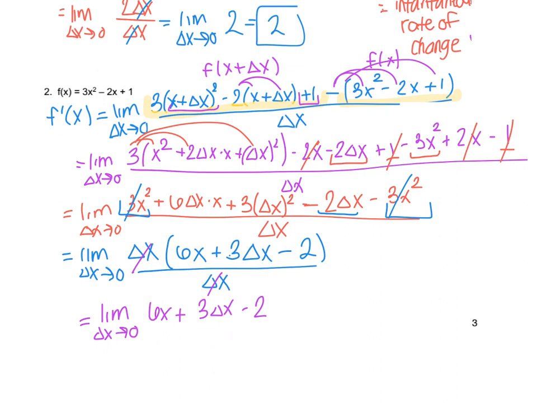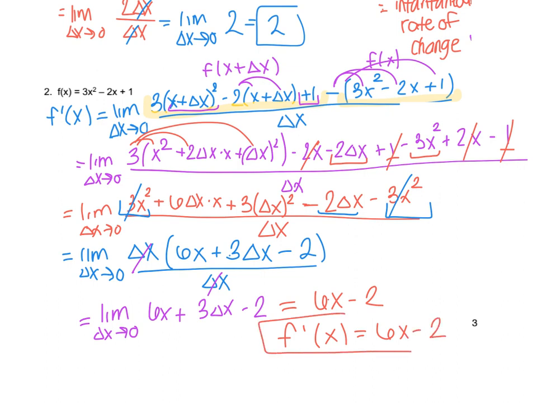So if I substitute 0 in for delta x, then my limit through direct substitution ends up being 6x minus 2. So we have this final derivative, f prime of x equals 6x minus 2.